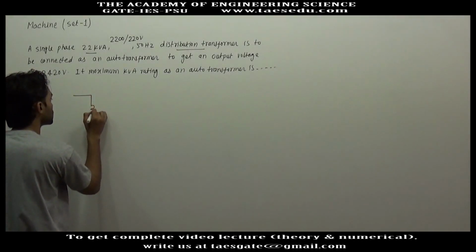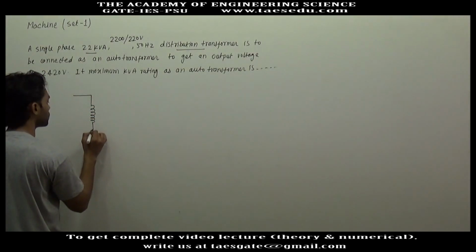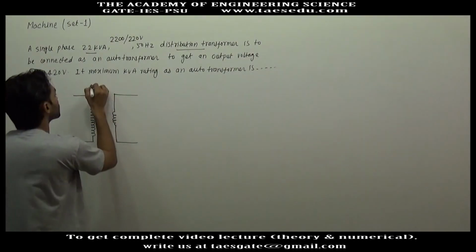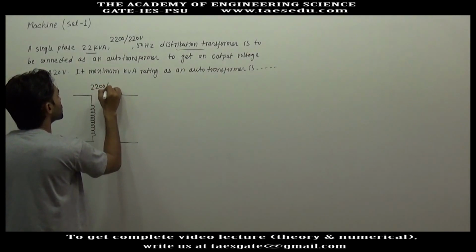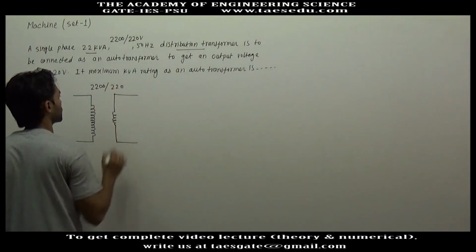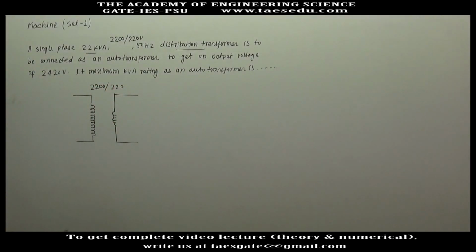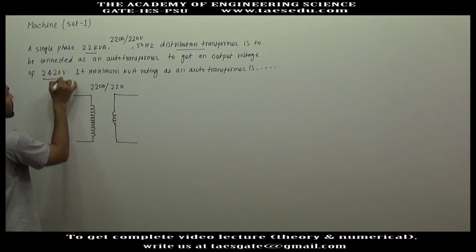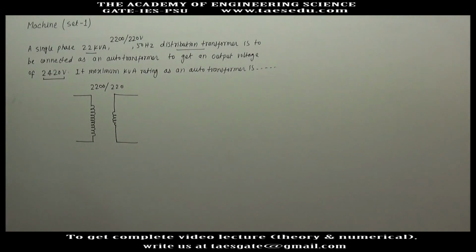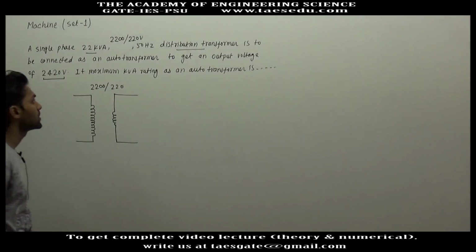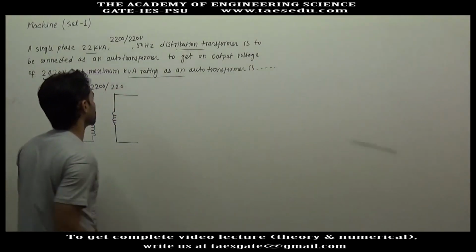Let's say this is a 2-winding transformer. The voltage ratio is 2200 by 220, and it has to be connected as an auto transformer so as to get 2420 volt output voltage, and the kVA rating has to be maximum.